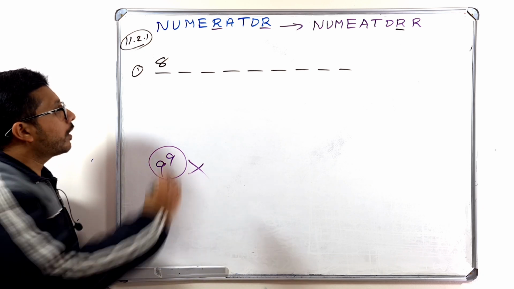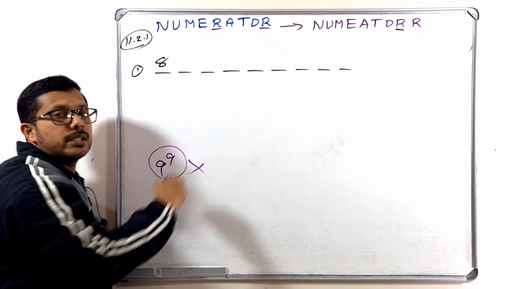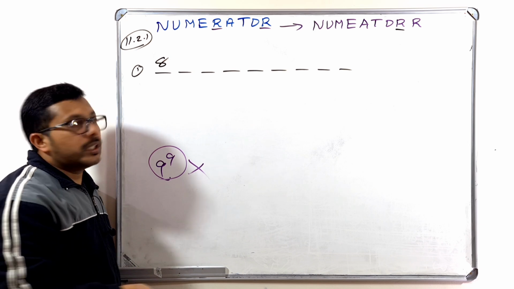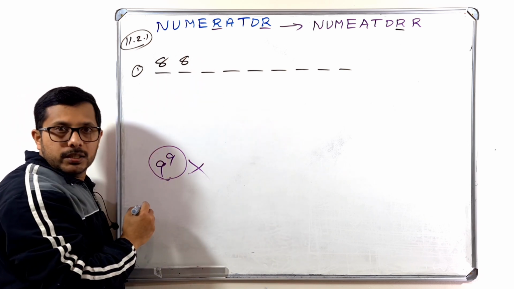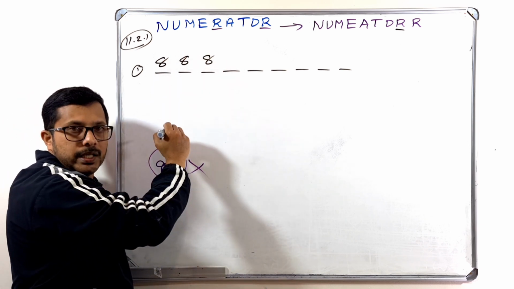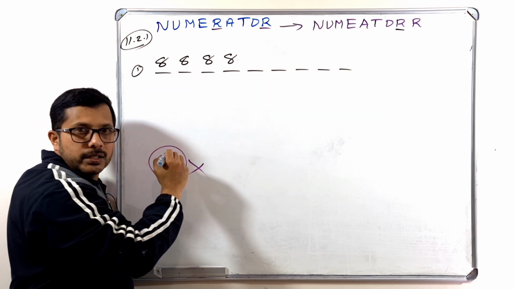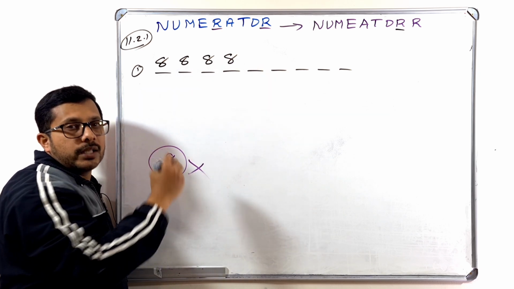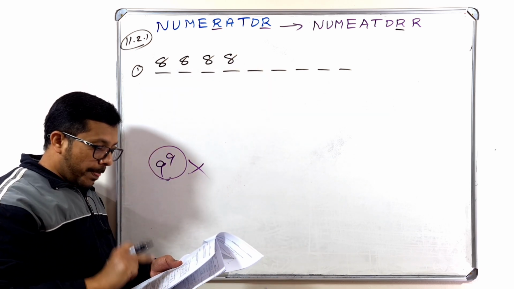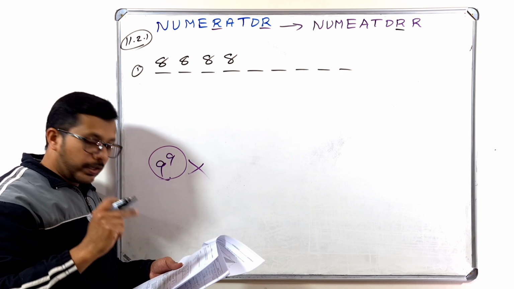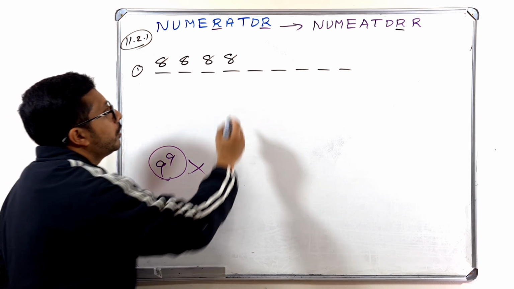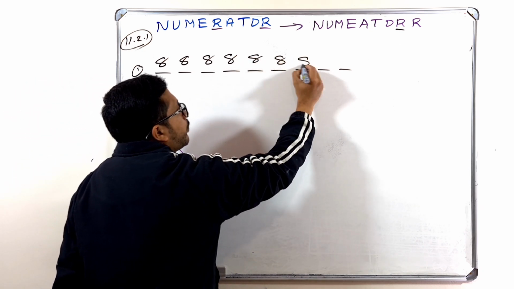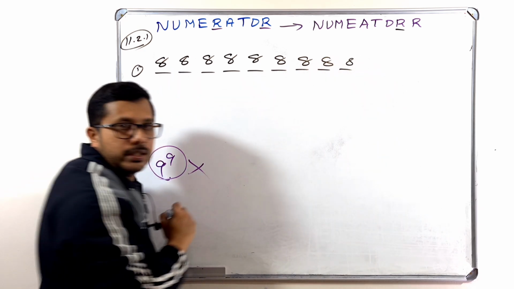So here, how many possibilities? Since repetition is allowed, here also I have 8, here also I have 8, here also I have 8. Look at the question once more. How many 9-letter word arrangements? All the 9 positions, it's 8, 8, 8, 8.